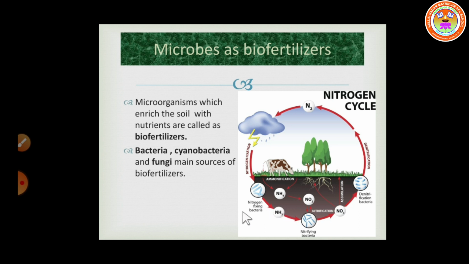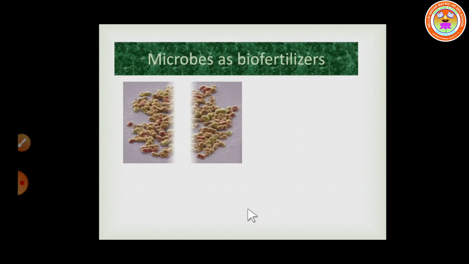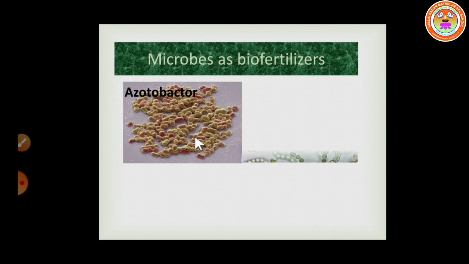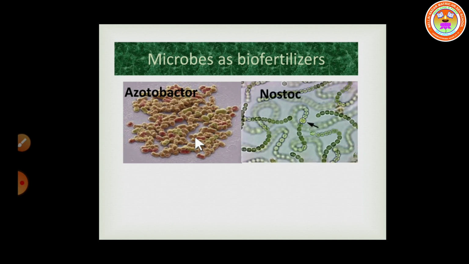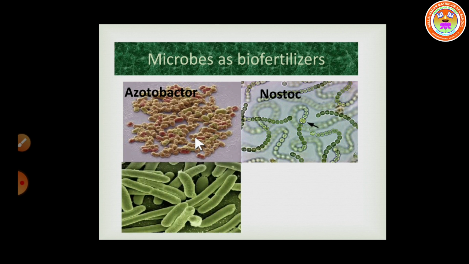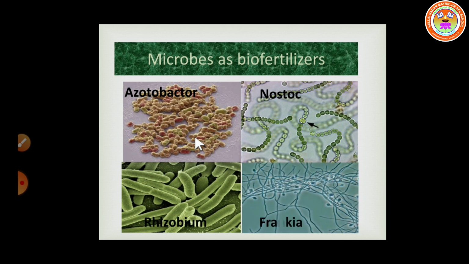This conversion of nitrogen into consumable nitrogen has to be done by microorganisms like nitrogen fixing bacteria. We have so many nitrogen fixing bacteria. Let us see some examples: Acetobacter, and Nostoc, a free living bacteria, and symbiotic microorganisms like Rhizobium and Frankia.